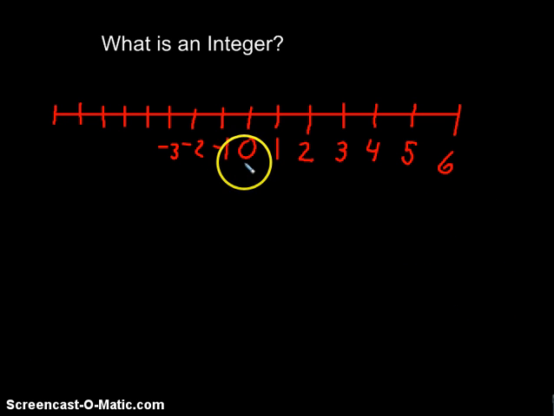Integers are usually represented on a number line. We can see that the positive integers are to the right of 0 because they are greater than 0, and the negative integers are to the left of 0 because they are smaller than 0. If you have 3 pieces of candy, you have more than 0 pieces of candy, right?